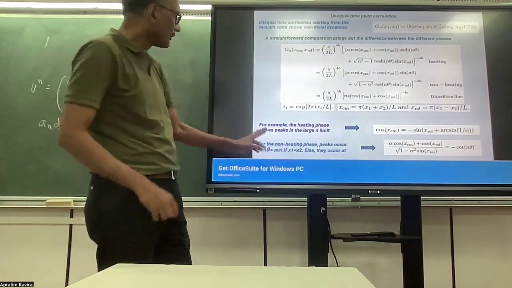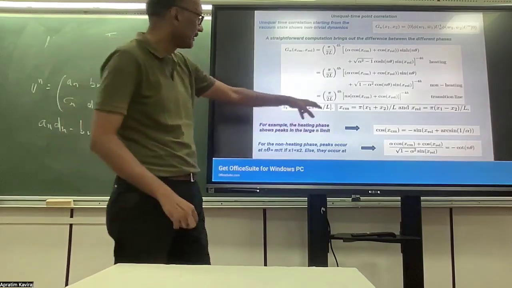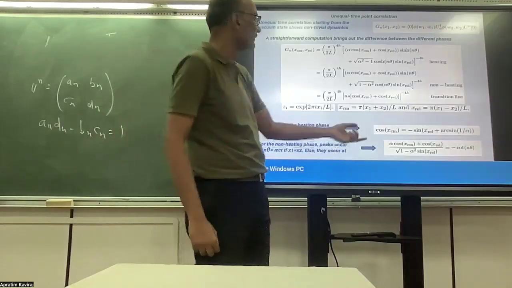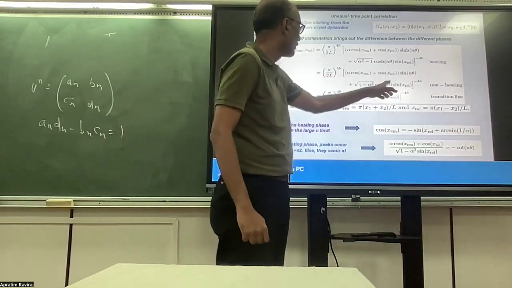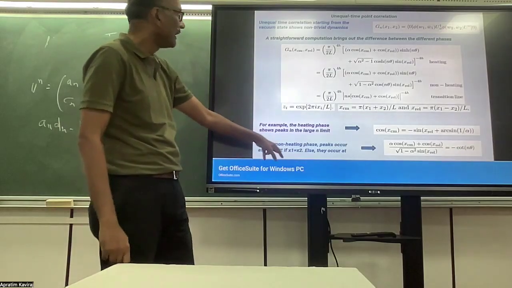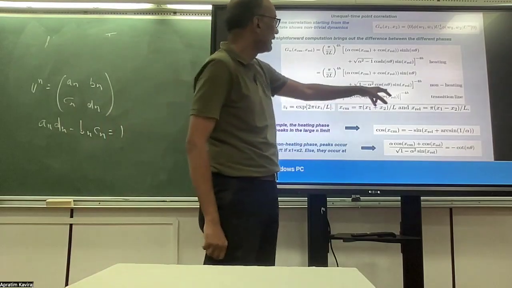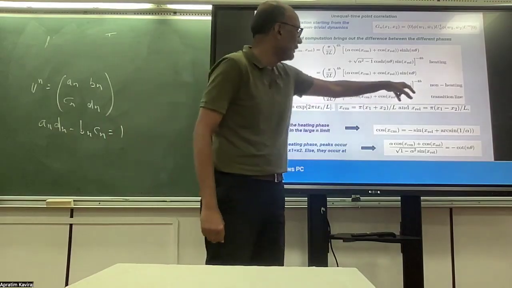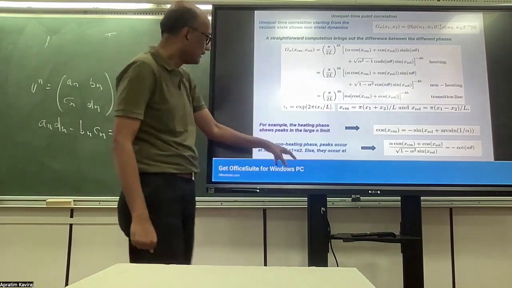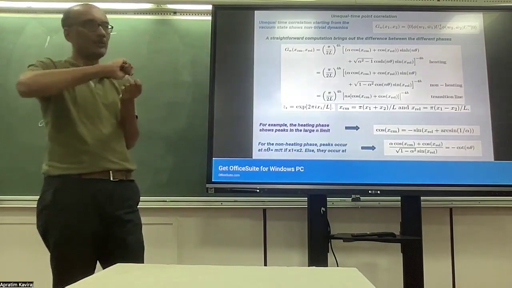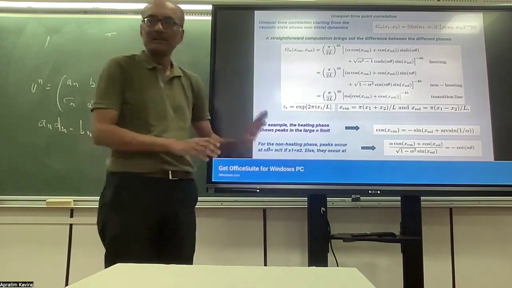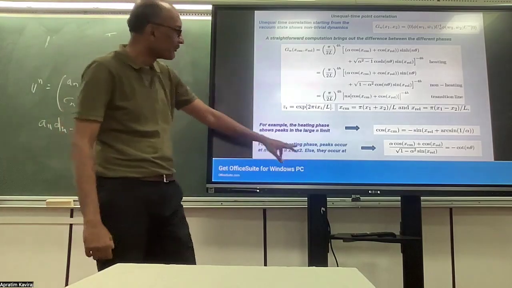However, there is also some divergence in the non-heating phases. So for example, in the non-heating phases, if your sine and cosine theta, they are theta equal to m pi, then you see that as long as x relative is 0, if this thing goes to 0, this will again blow up. So there are these lines where x1 is equal to x2, which are on top of each other, where they can blow up. But this is special.